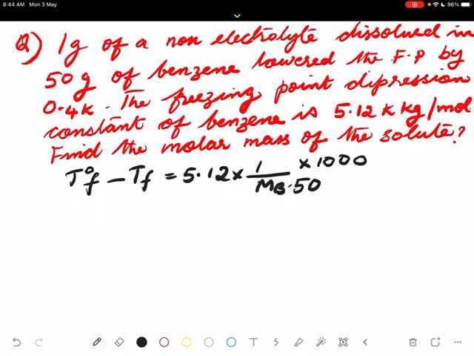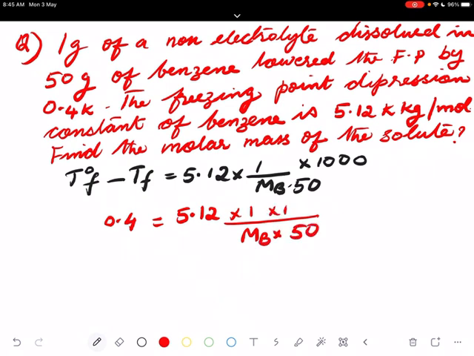MB you have to calculate. This T naught F minus TF is already given directly, that is 0.4. So 0.4 is equal to 5.12 into 1 by MB into 50. Now 1000 is on the numerator.